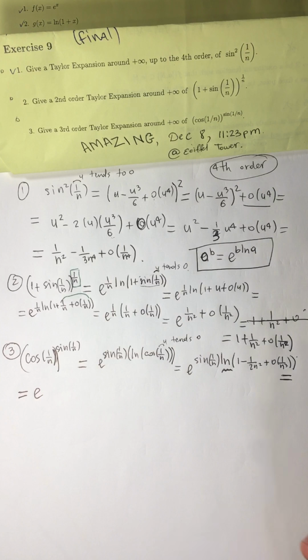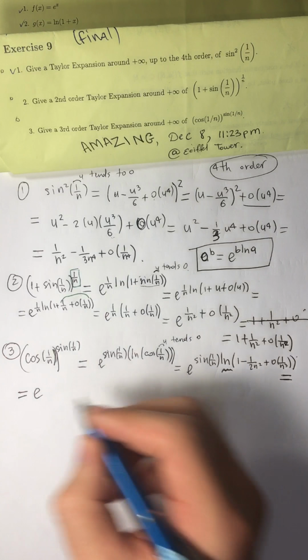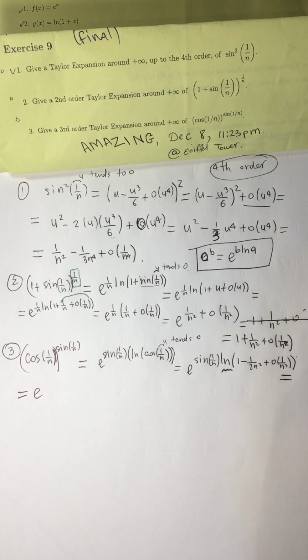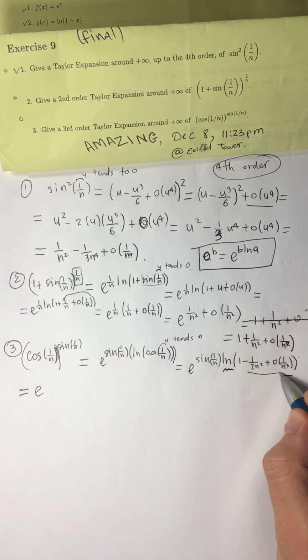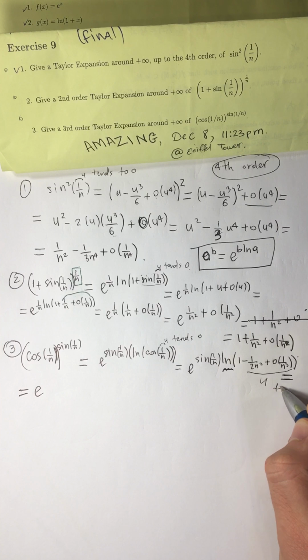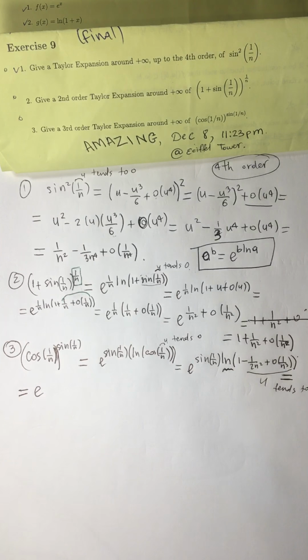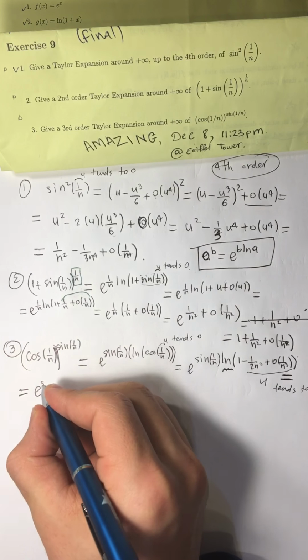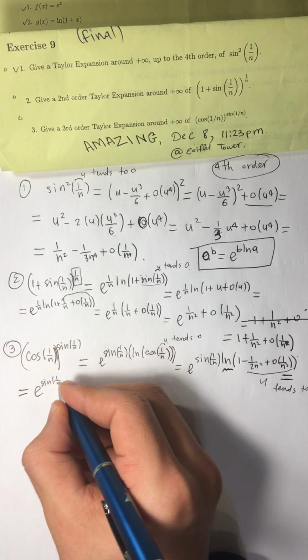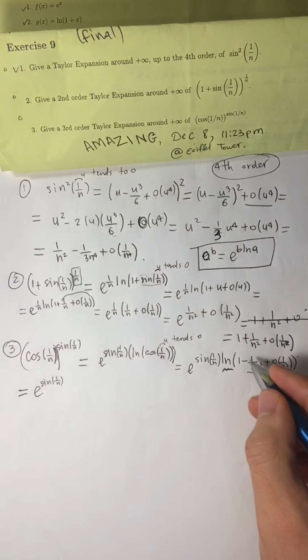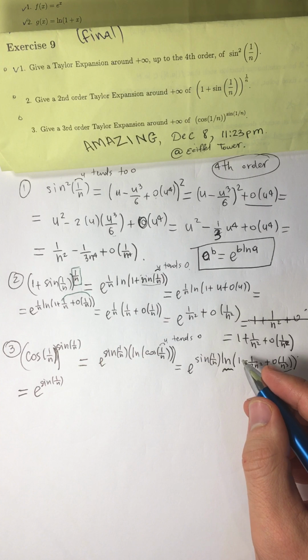Now, e to the, what is it? From ln we go again, because this u tends to 0. I just said it tends to 0. So from ln we use the formula number 5.